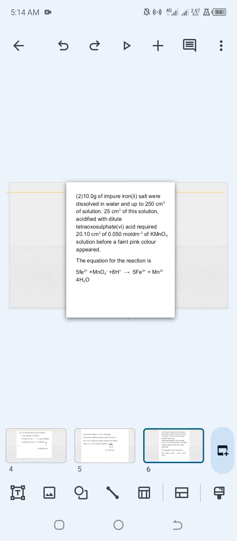This is during the titration. You have the volume made for the iron(II) to be 250 cm³.